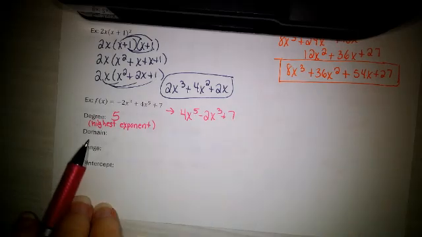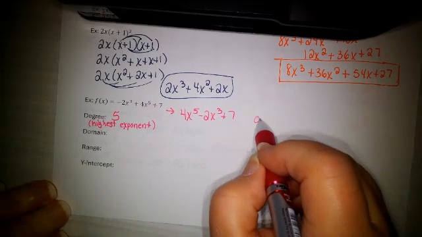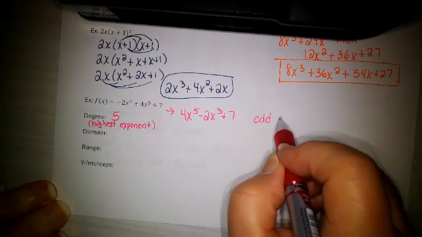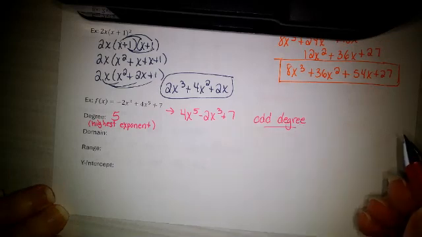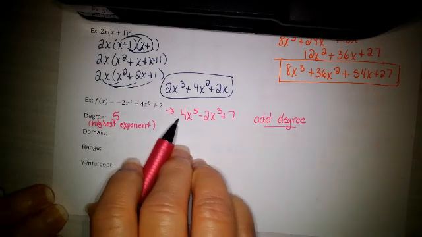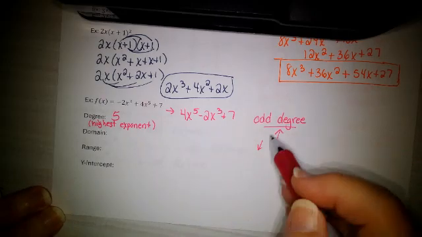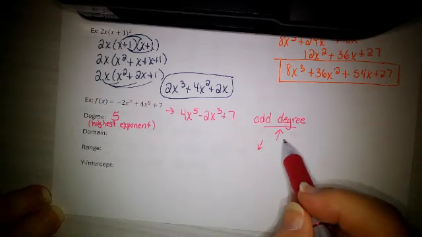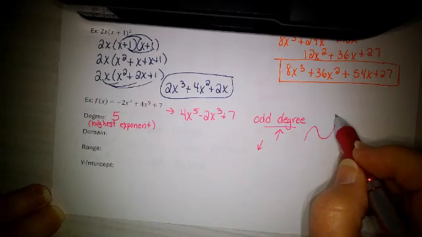Now the domain. This has an odd degree. So it's not an odd function, but it has an odd degree, which means if the leading term is positive, it's one of these down then up. It might do this.